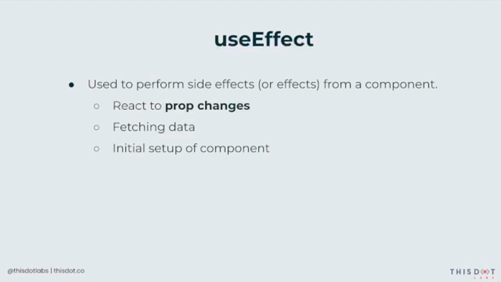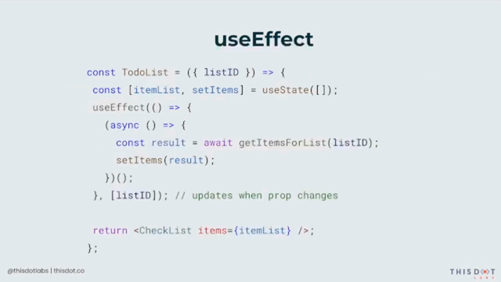But useEffect is for doing effects or side effects that are required for a component. This can be data fetching, this can be reacting to prop changes, this can be responding to component lifecycle events like mounting or unmounting. So let's have a look at how useEffect is used.